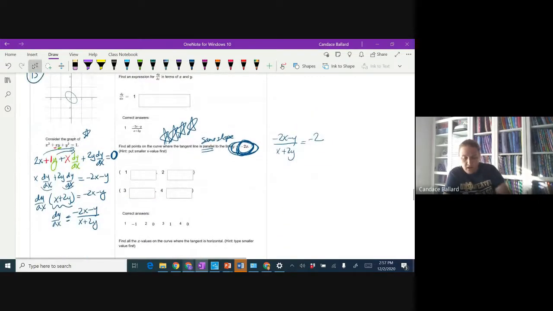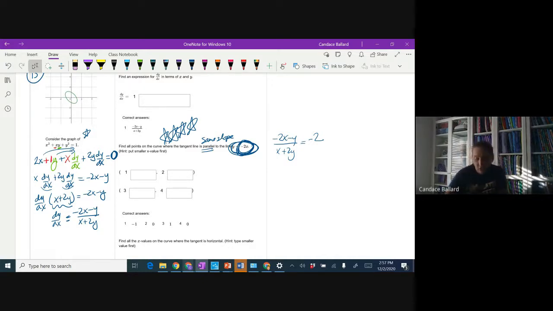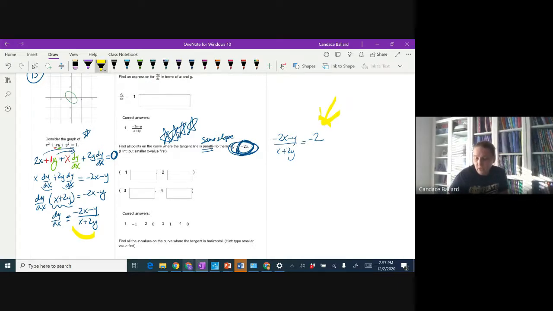The second part is to find the points on the curve where the tangent line is parallel to the line y equals negative 2x. We decided earlier that that's going to be the same slope because they're parallel. So I took the slope that I got in the first part and set it equal to negative 2. That's what we did here.